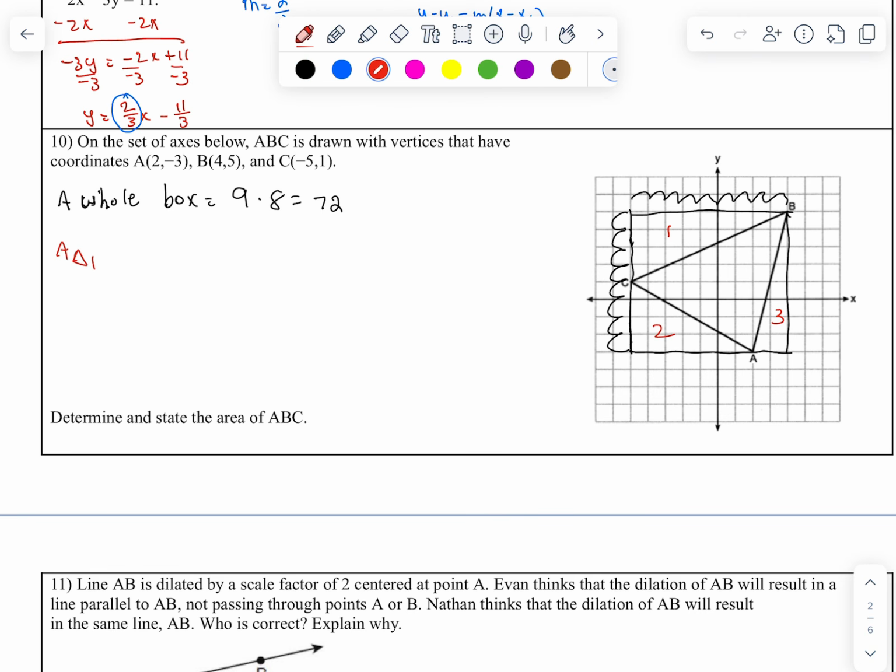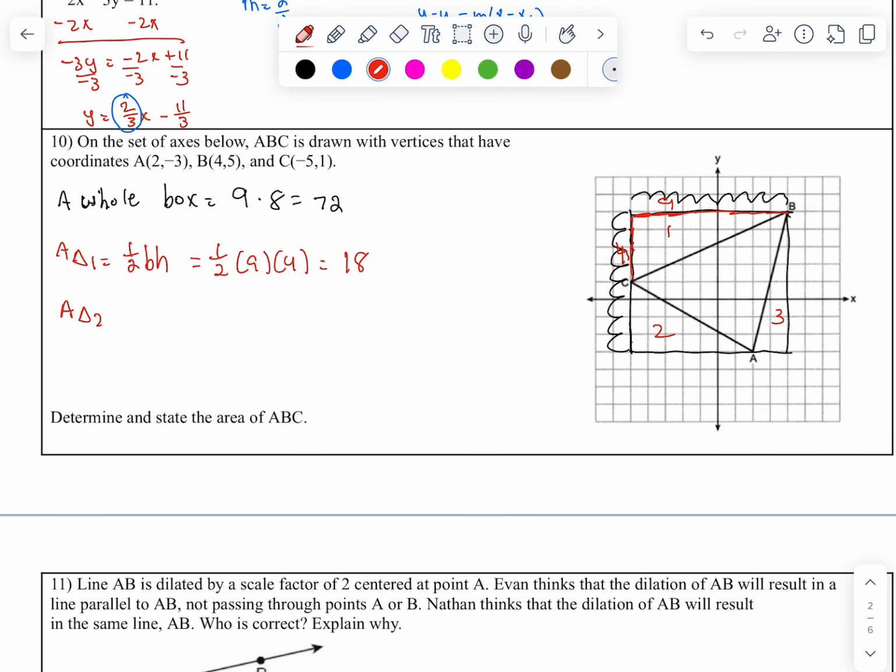So area of triangle 1, area of a triangle is 1/2 base times height. 1, 2, 3, 4, 5, 6, 7, 8, 9. 1, 2, 3, 4. So that's half of 36, which is 18.